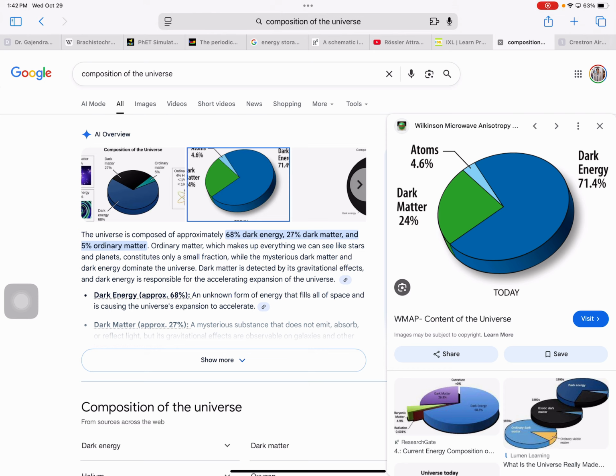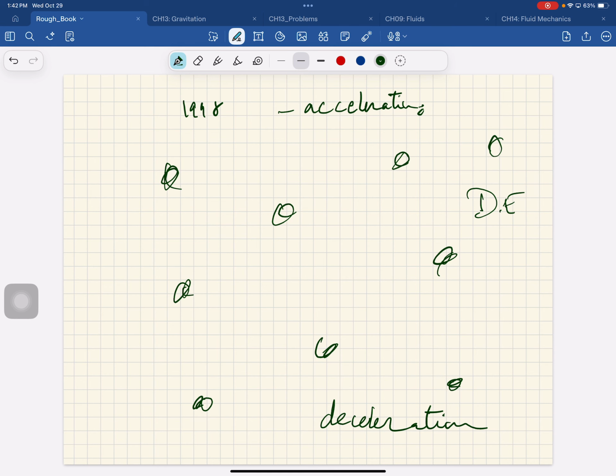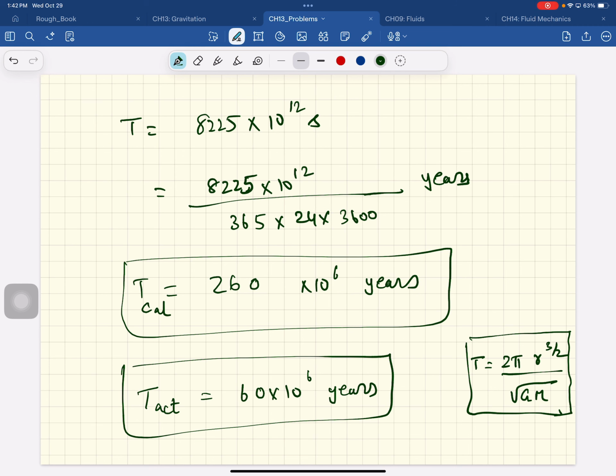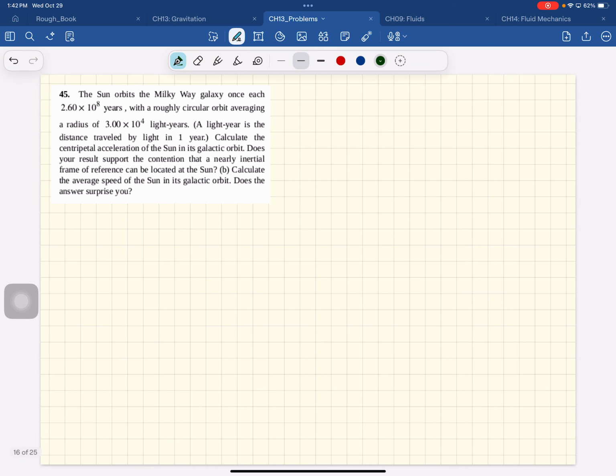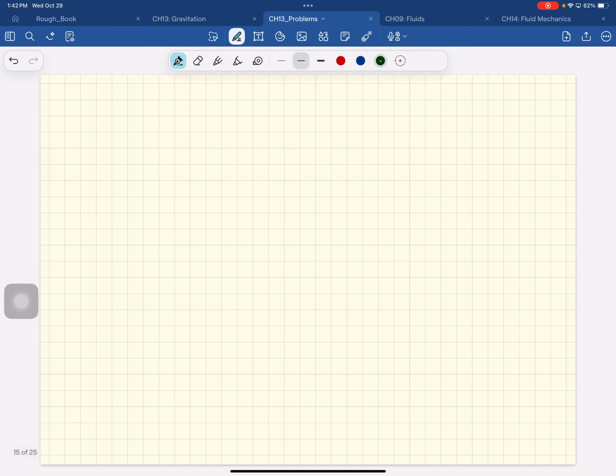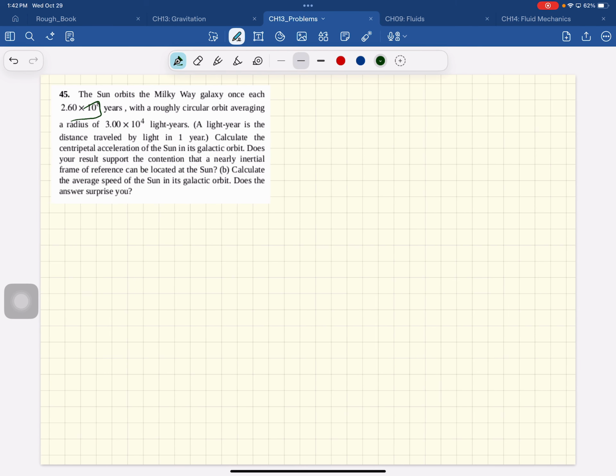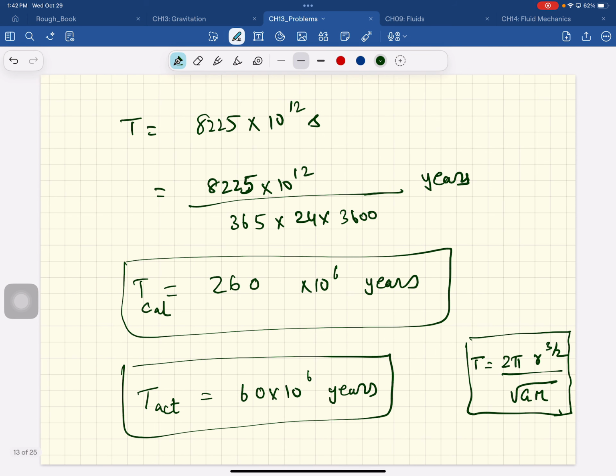You just have to be a little more careful, that's all. All right. See, there's that number that we calculated, 260 million years. There, 260 million years.